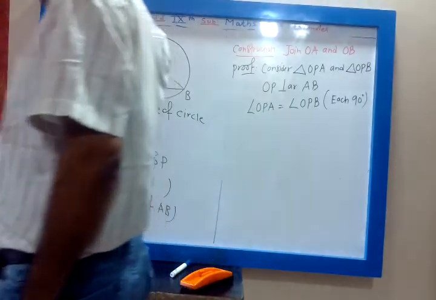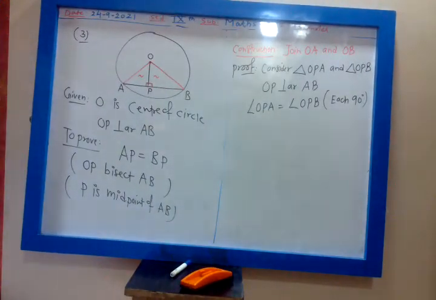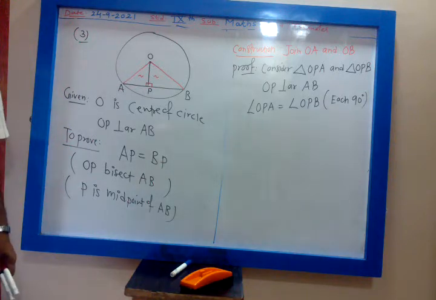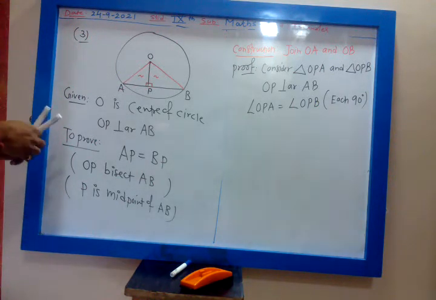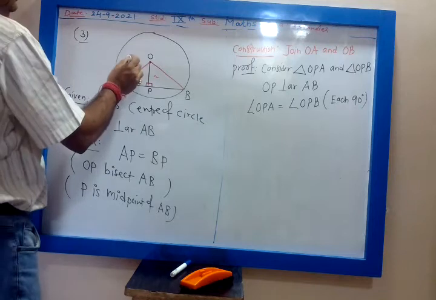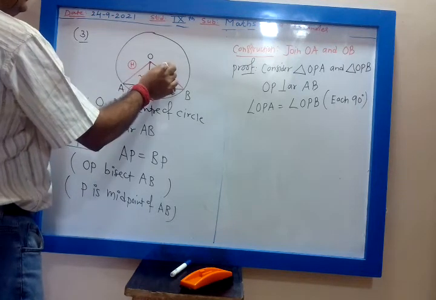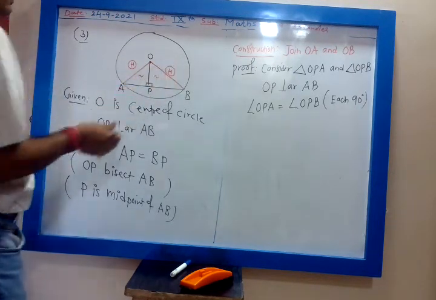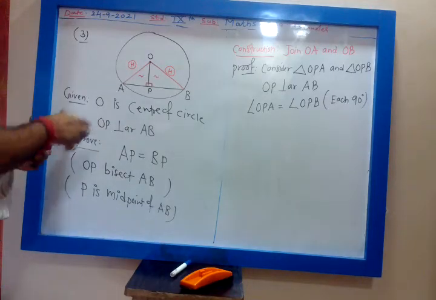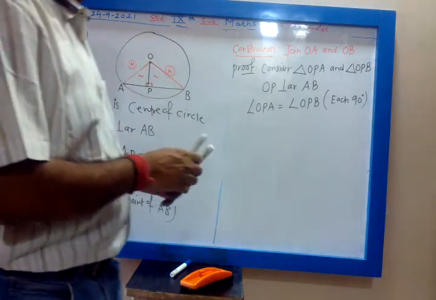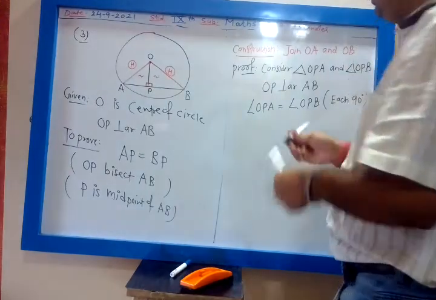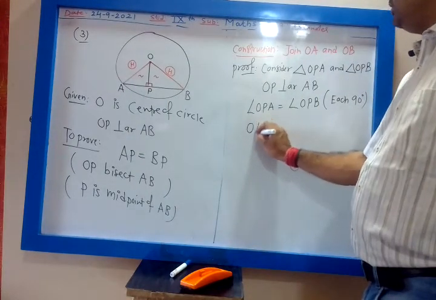For a right angle triangle, first you will see whether RHS is applicable. For RHS: right angle, hypotenuse and side. What is the hypotenuse of this? This is my hypotenuse. Whether hypotenuses are equal? Yes, because they are radii of the circle. So OA is equal to OB.